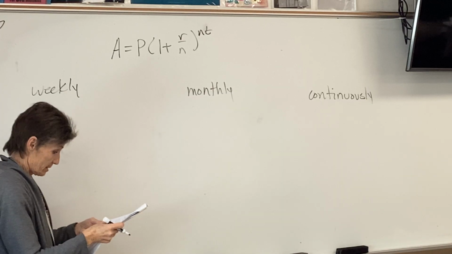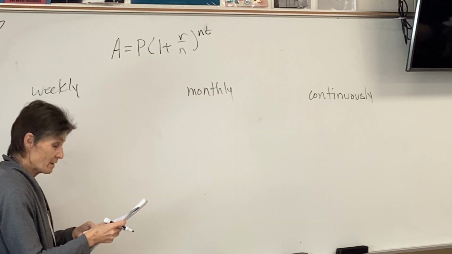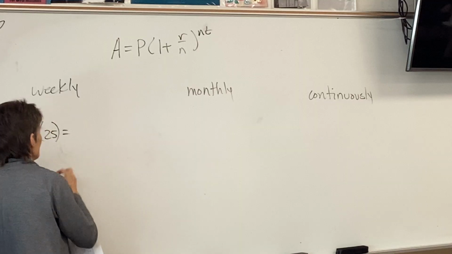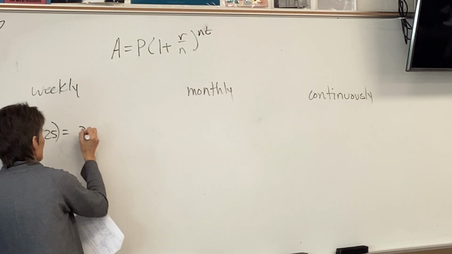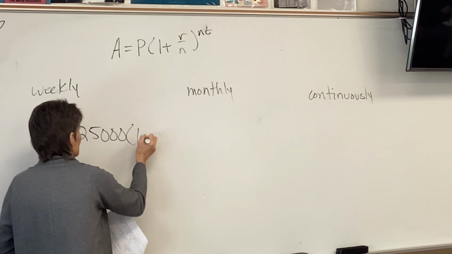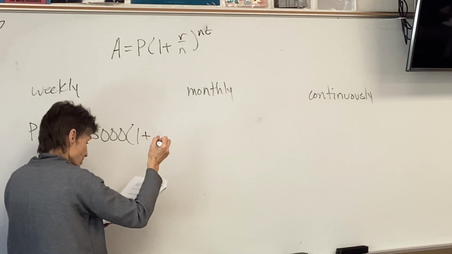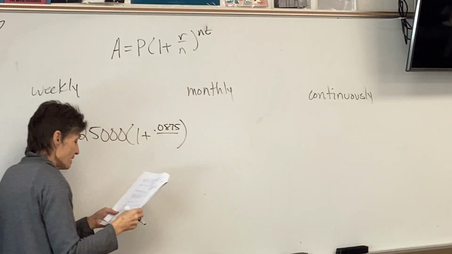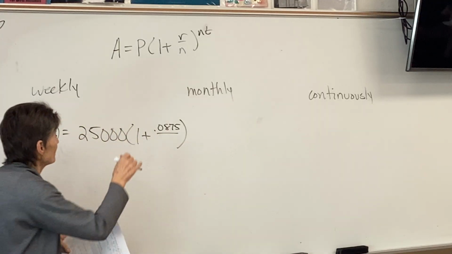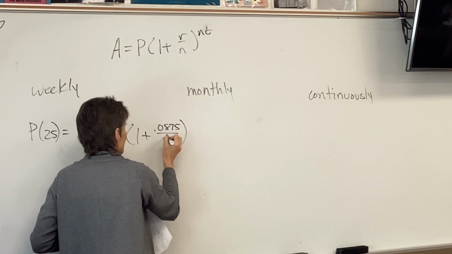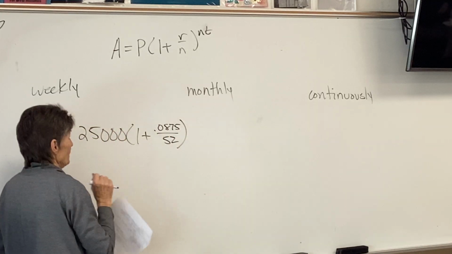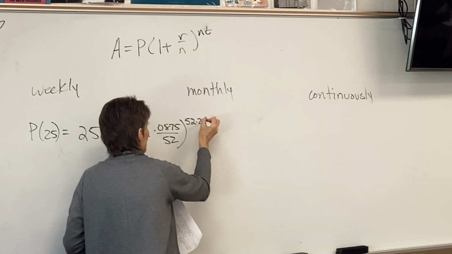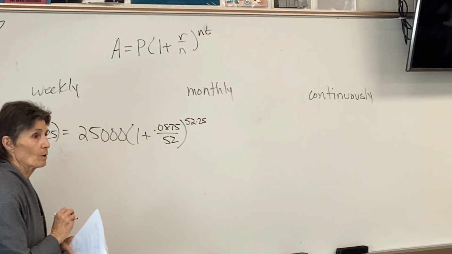It is 25 years. We're going to find a value after 25 years, and our formula is going to be 25,000. The interest rate is 0.0875. And if we are compounding weekly, then n is 52. The n in the formula is 52, raised to the 52 times 25 power.